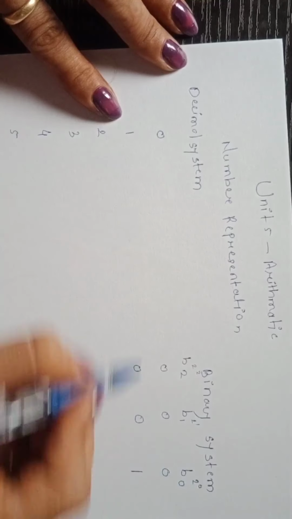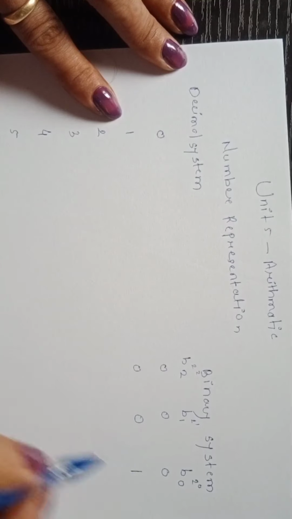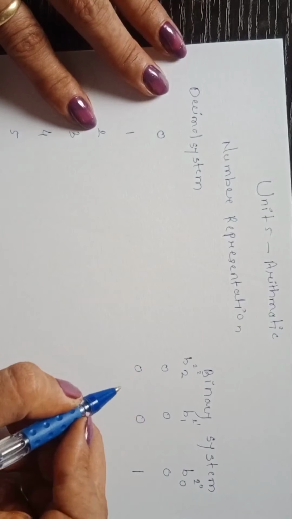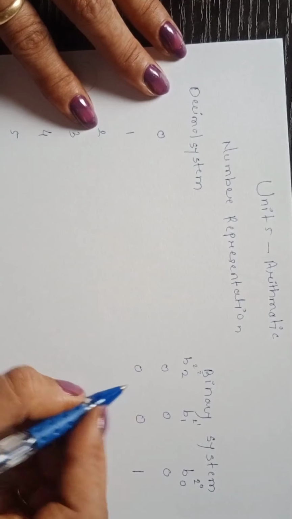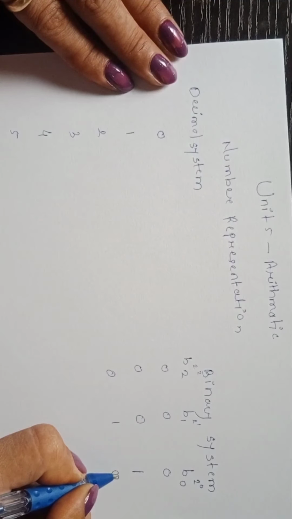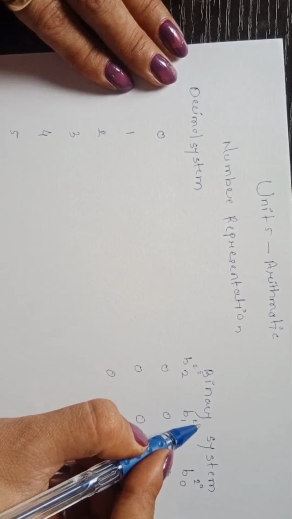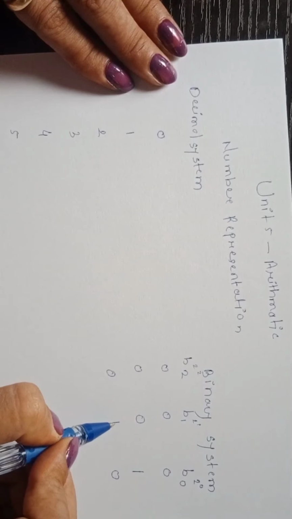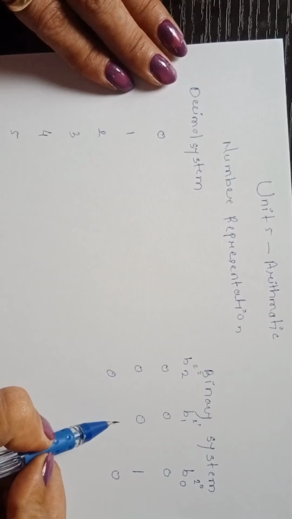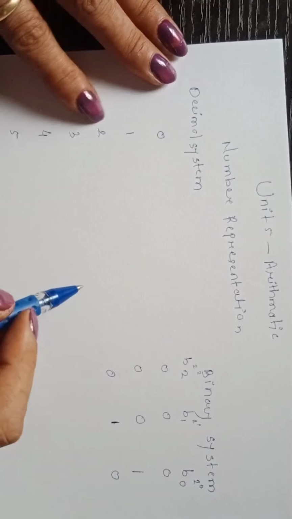Here we have 1 bit, that is 0 0 1. Then for 2 it is 0 1 0. Now what is 2 to the power 1? 2 to the power 1 is 2. That's why we have to make this bit a 1.